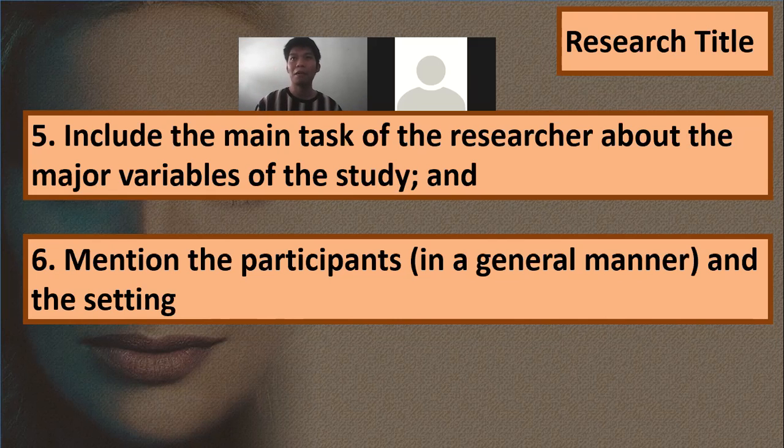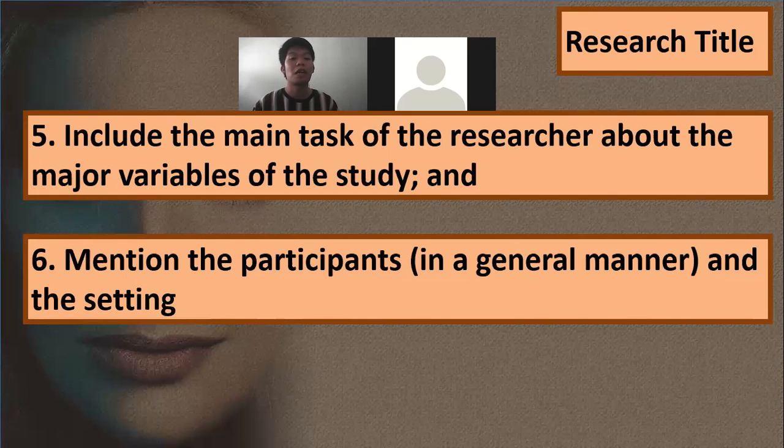Although some schools include the year level and the specific course. But generally, it's not necessary anymore to include the school, the setting, as long as you mention the general participants of your research.